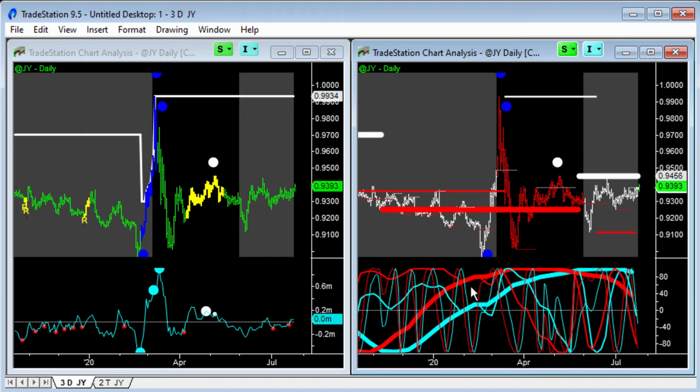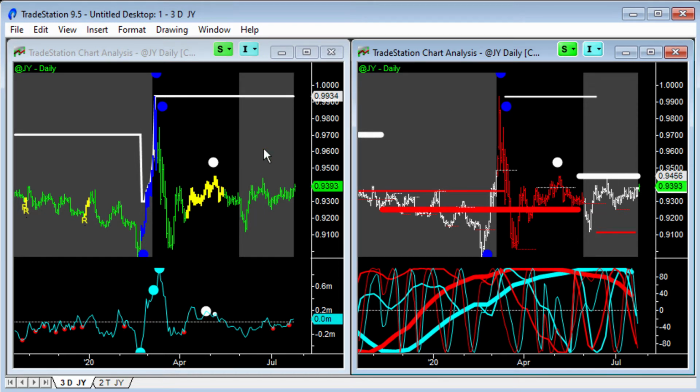The cycles are printed below here, and we use those to calculate support and resistance levels on the price bars themselves. The lowest time frame, these little dotted lines, the intermediate time frames, slightly thicker lines, and then the highest time frames are the very thick lines here. Strength and uptrends and support levels are in red, and weakness and downtrends and resistance levels are in white.